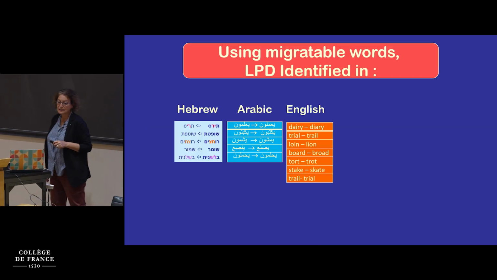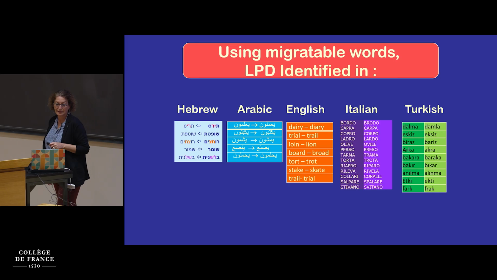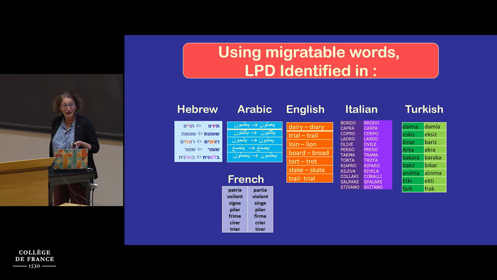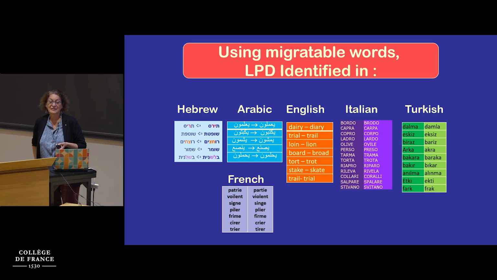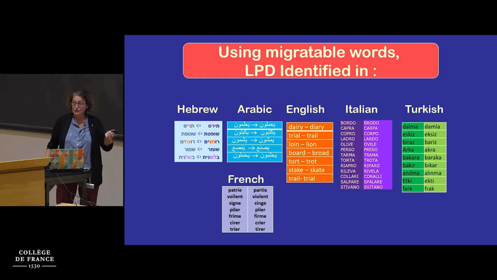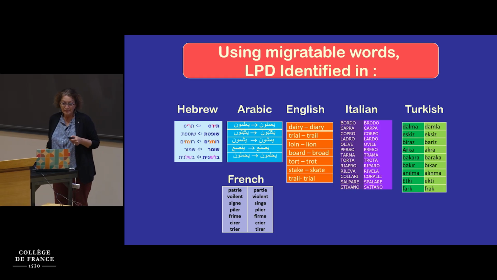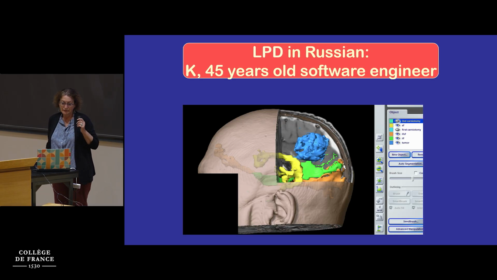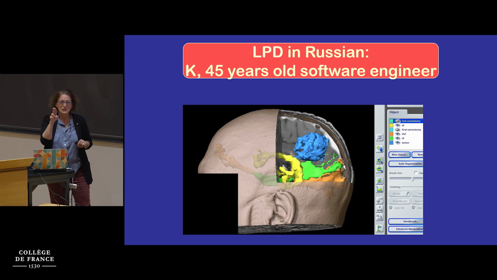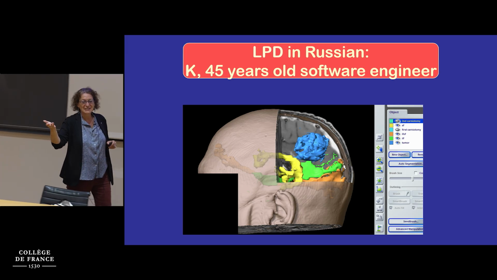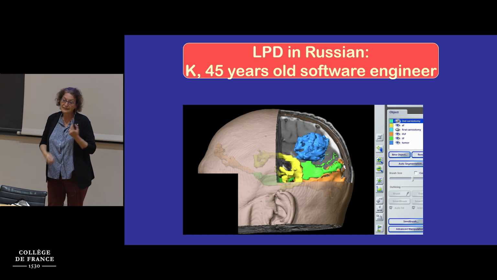So we created lists of migratable words in many languages, including French, by the way, in a beautiful work with Stanislas Dehaene, and later also with Cassandre Poitier. And using our list of migratable words, which are words that create another existing word when you change the order of the letters, in Russian, we identified a patient.